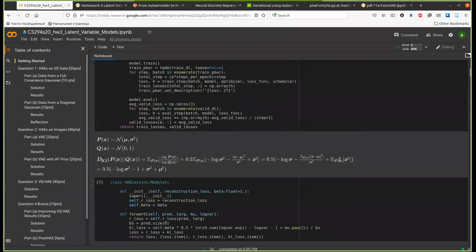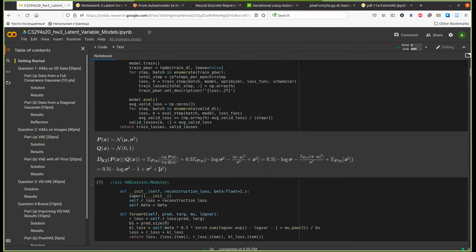And by replacing this term by variance plus mean squared, that's our final KL divergence for a general normal distribution and a standard normal distribution.